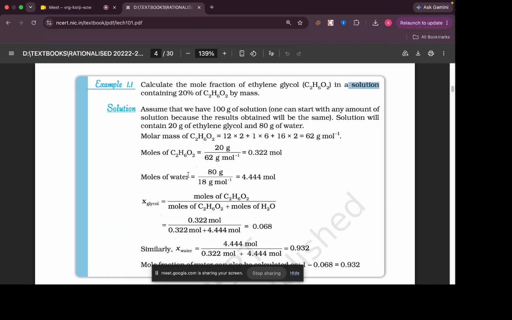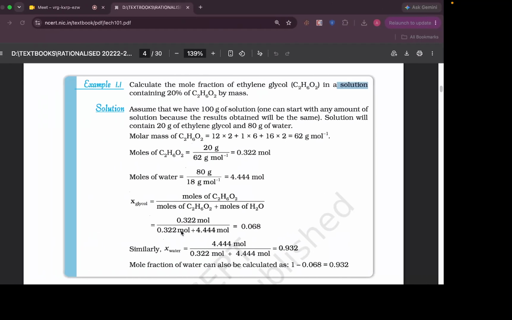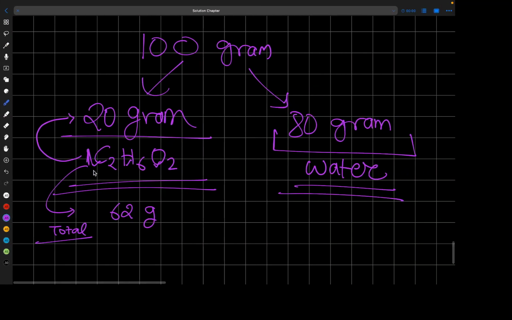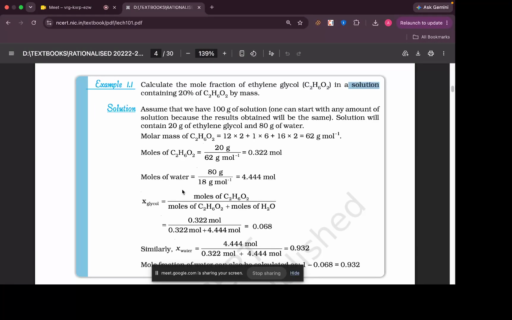You will get a total mass which is 62 gram per mole. Why? Because it is a molar mass. Here we are talking about 1 mole, so that's why gram per mole. So this is the molar mass, correct?